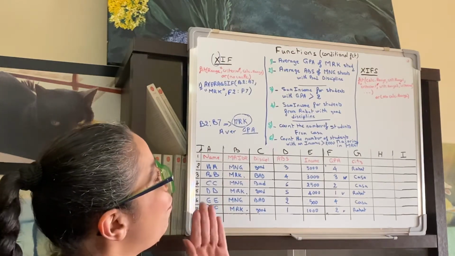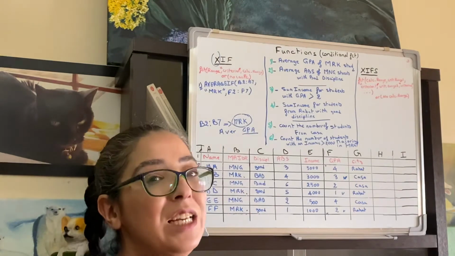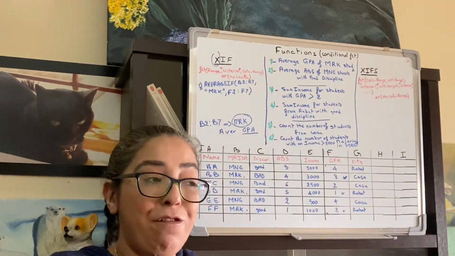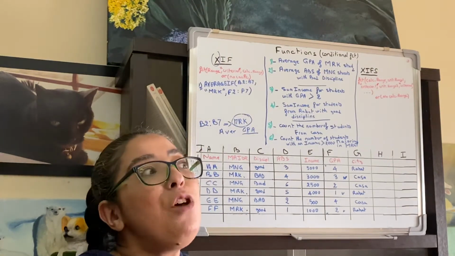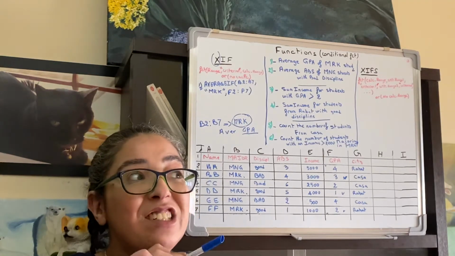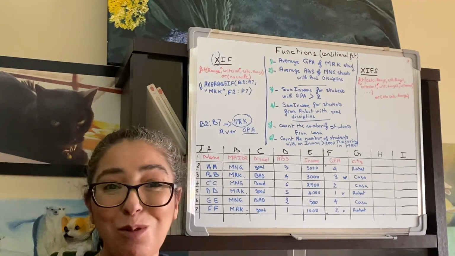Now I'm gonna move to the second one, where I have more than one condition. So if you have one condition, it's if. Average if, sum if, count if. But if you have many conditions, it's ifs. You add the s for the plural.